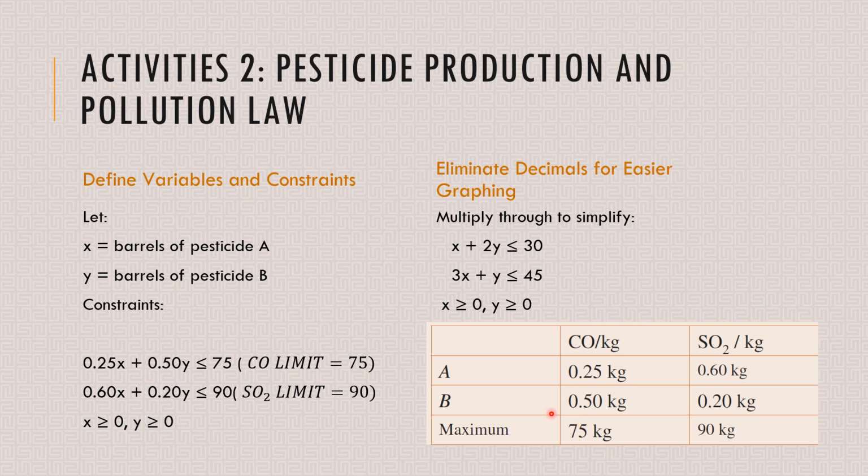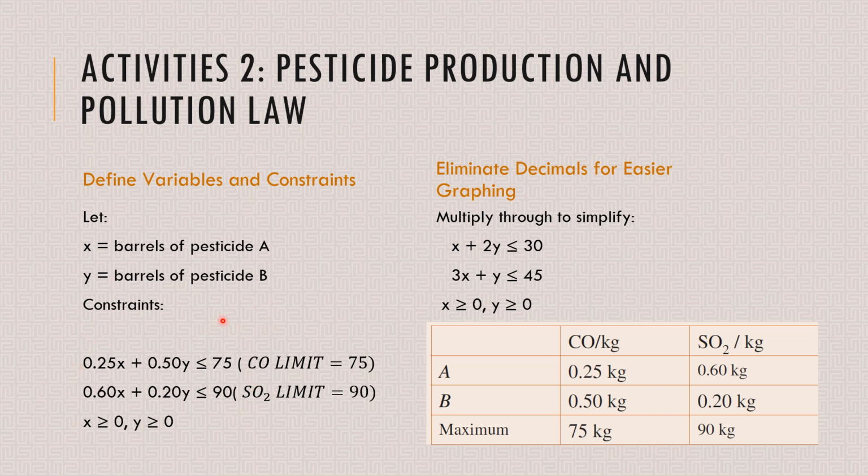So the sum of the CO produced from pesticide A and pesticide B is supposed to be less than or equal to 75. The same applies to SO2. After the production of these two pesticides, the SO2 sum is supposed to be less than or equal to 90, because that is the constraint given to us. So we end up with inequalities of this form.